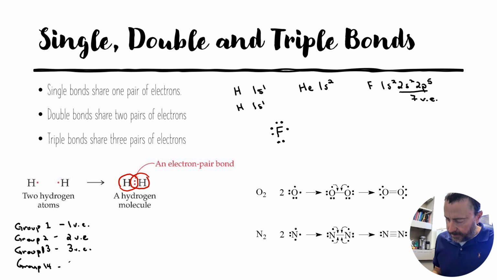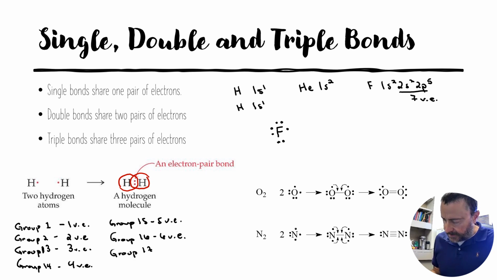Group 14 has 4 valence electrons. Group 15, I bet you can guess, has 5 valence electrons. Group 16, 6 valence electrons. Group 17, 7, and group 18 is 8.